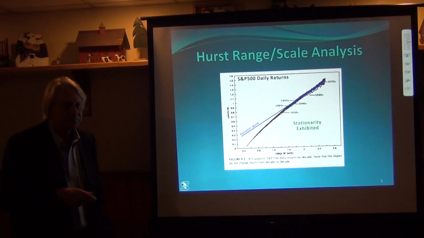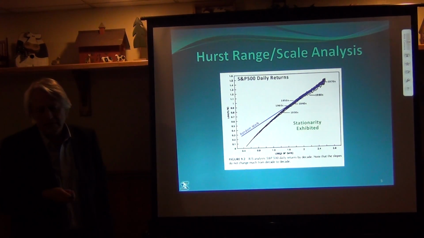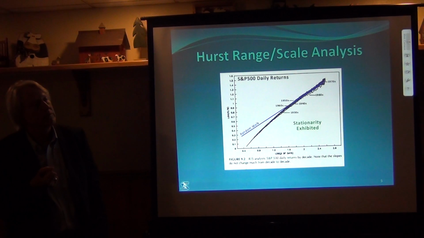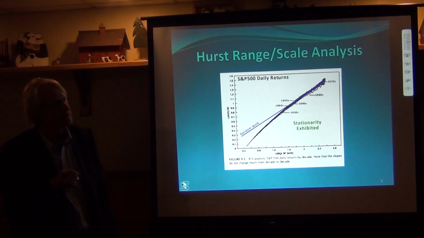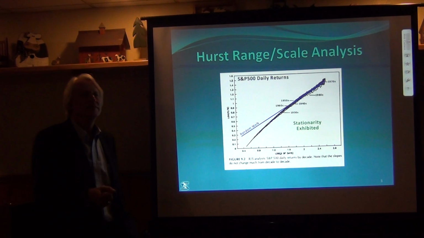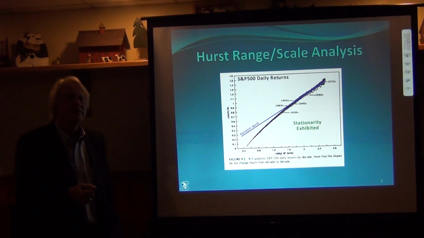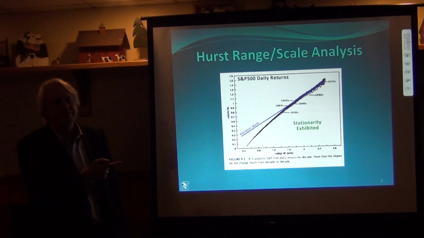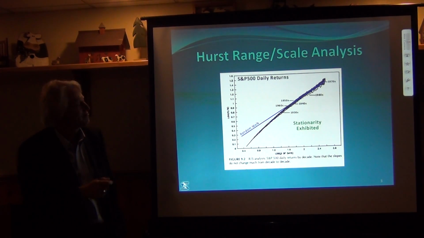Next slide, please. And there's a book by the name of Chaos and Order in the Capital Markets by Edgar Peters. I'm missing the guy's name. Yes. Not Mandelbrot. But anyway, Edgar Peters. Right.